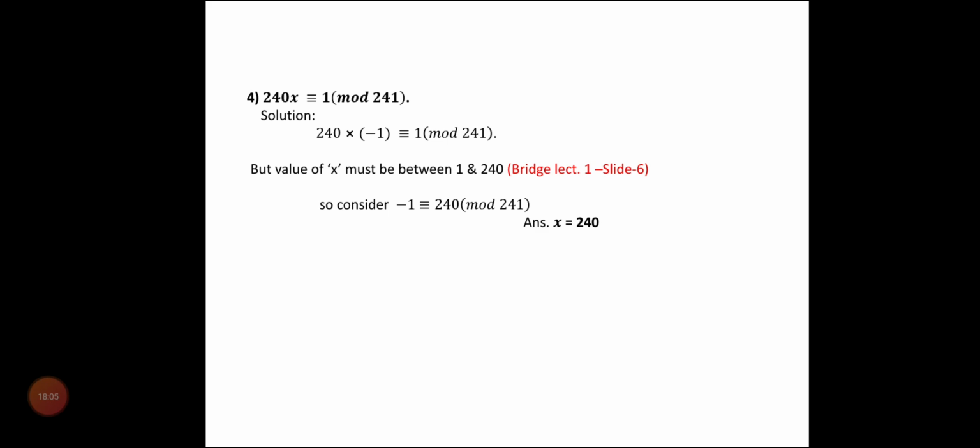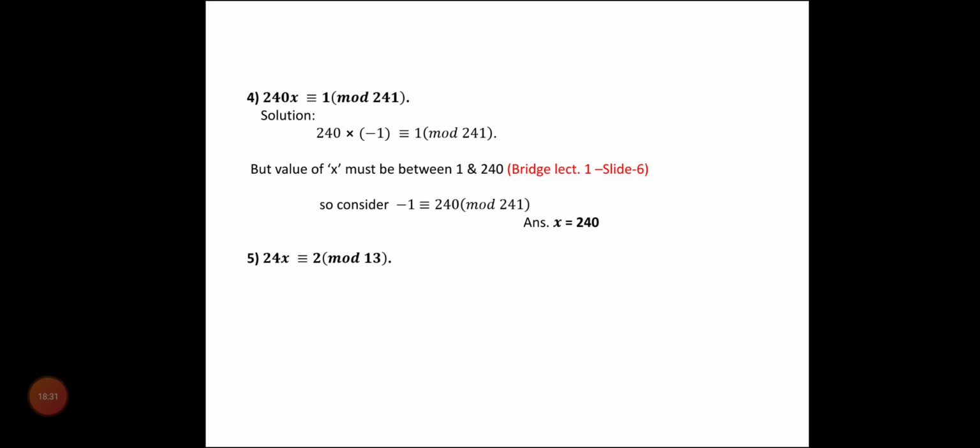So student, you can understand from this problem that it is not enough to just go on putting the value of x is equal to 1, x is equal to 2, and so on, because to reach up to 240 it would have taken so much time, correct? So you have to make use of properties as well as some logical thinking. Now consider 24x congruent to 2 modulo 13.